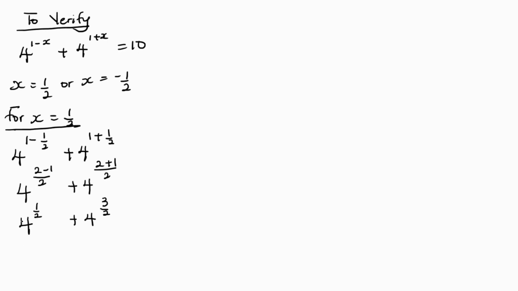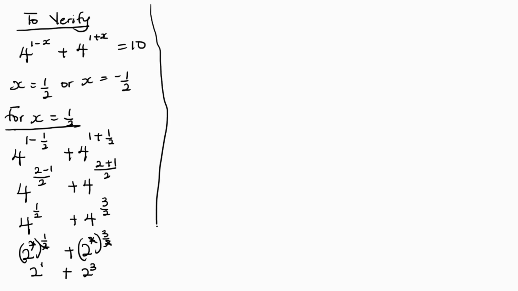And we can easily write 4 as 2 squared, so we have 2 raised to the power of 2 times 1 over 2 plus 2 raised to the power of 2 times 3 over 2. This cancels out this, and this cancels out this. So we have 2 raised to the power of 1 plus 2 raised to the power of 3. From this, 2 raised to the power of 1 is 2 plus 2 raised to the power of 3 is 8, which is equal to 10. So x equal to 1 over 2 is a possible solution for this equation.